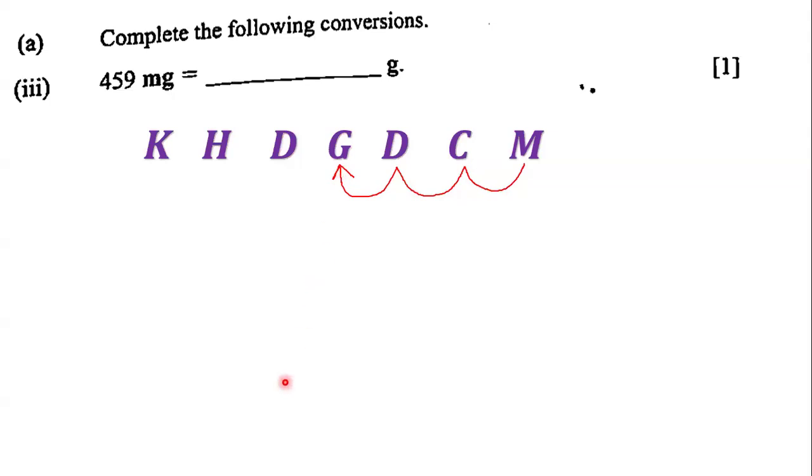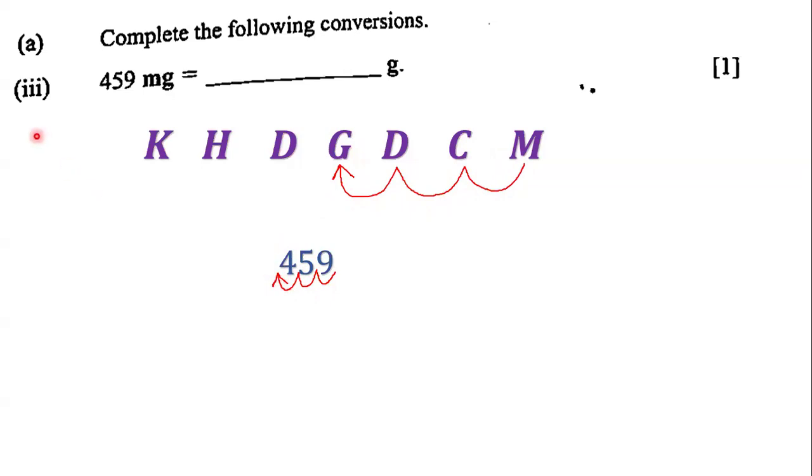So that's the first thing. Again, we're moving from milligrams to grams. We're going to move over 1, 2, and 3. So I'm going to take 459. The decimal point is behind the 9 currently. Because I move over 3 times, 1, 2, 3, now the decimal point is in front of the 4.